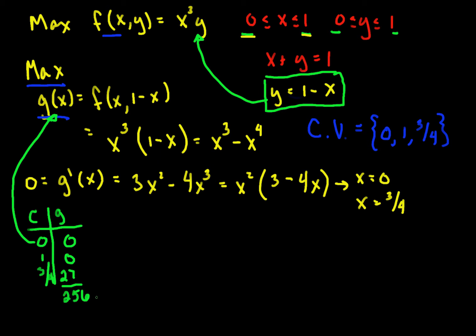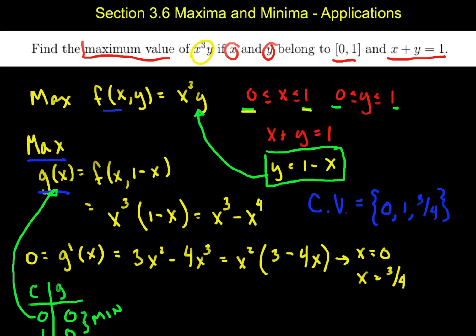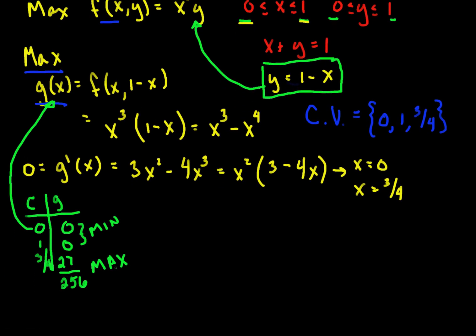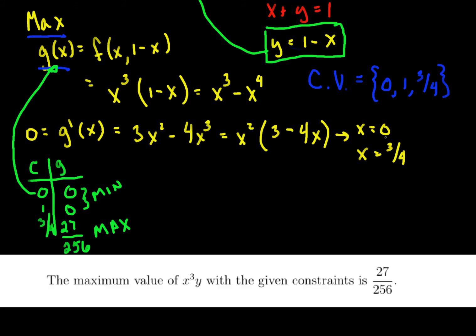So this is my min, 0 is the smallest value I get in this interval, and here's my max. Going back to the problem, I wanted to know the maximum value. So the final answer is that the maximum value of x cubed y with the given constraints is 27 over 256.